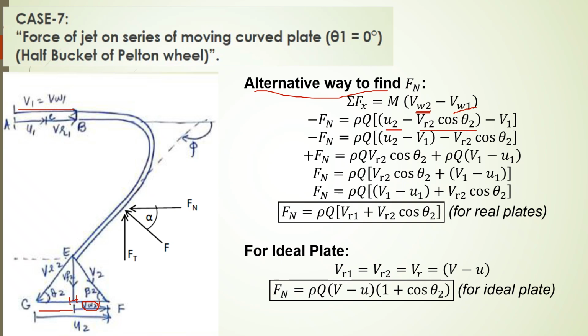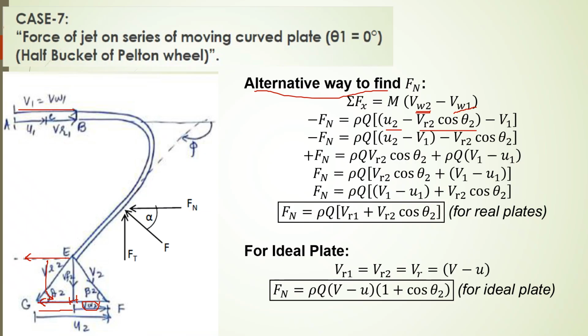As I told you, this is the horizontal component of VR2, so VR2 cos of theta 2 is the horizontal component, and it will be shifted over here. So you can write your VW2 as GF minus GH, U2 minus VR2 cos of theta 2.